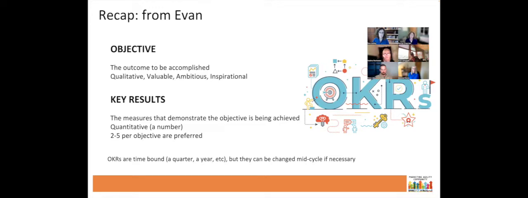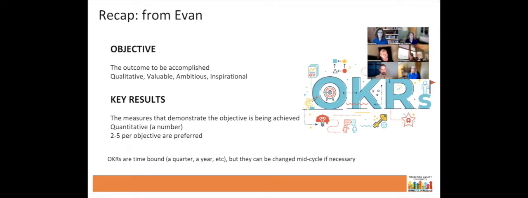Importantly, they'd be really ambitious and inspirational, which I guess to Evan's point is why it's so critical not to mix them up with performance management, because if my bonus and my promotion depends on hitting my objective, then I'm not going to make it as ambitious and inspirational as it could be. If I was Scott, I'd never have tried to get to the South Pole because it was so difficult. It was a crazy ambition, really. So they should be really ambitious, inspirational, and ultimately the outcome.